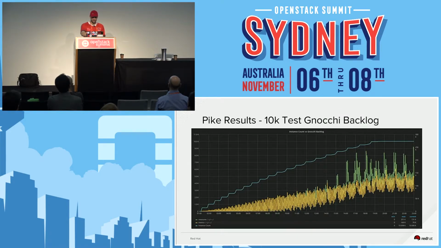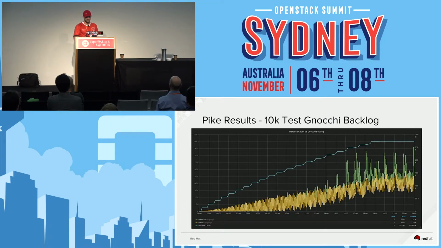The yellow and green lines are the actual backlog within Gnocchi itself. The yellow is the number of metrics that have unprocessed measures, and the green line is the measures themselves. So you could have a metric that has more than one measure that hasn't been processed. You start to see that occur at higher scalabilities, where you may have a metric that has a few measures backlogged before it gets processed.